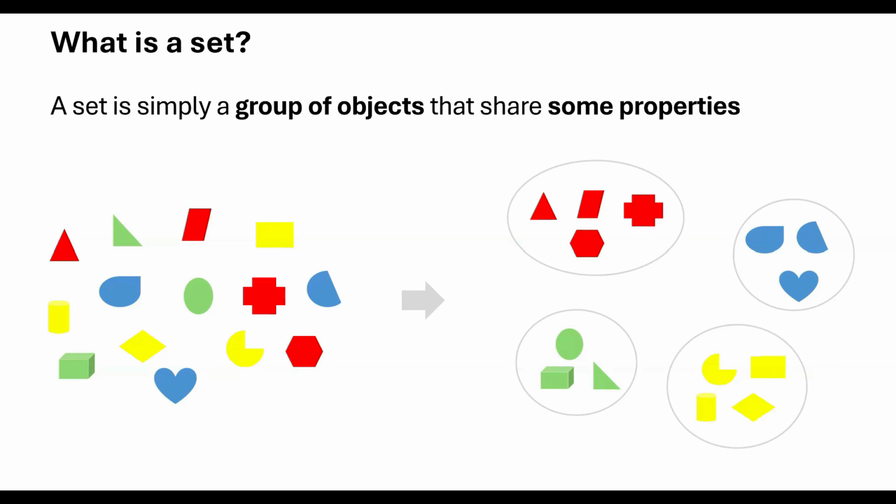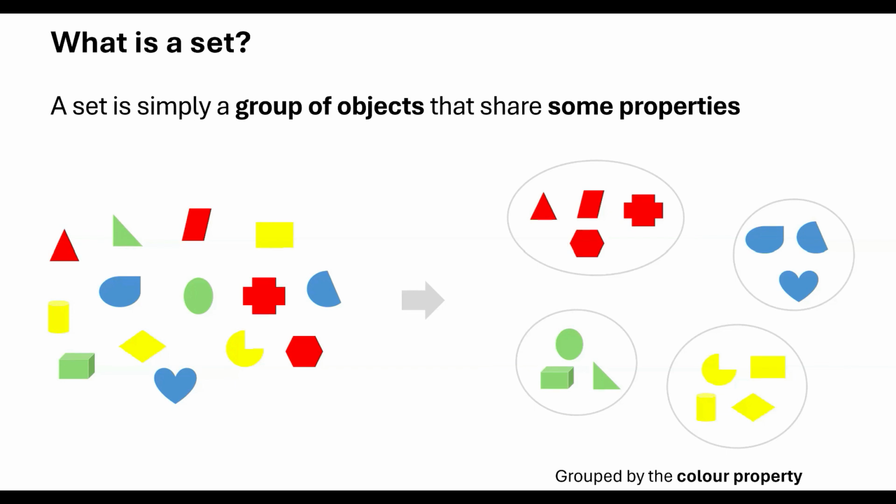Now, the question is, can you work out how I group them? If you work out that I group by the color property, then you got it right.